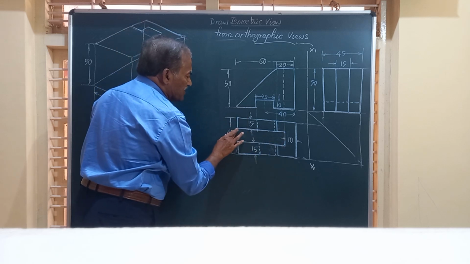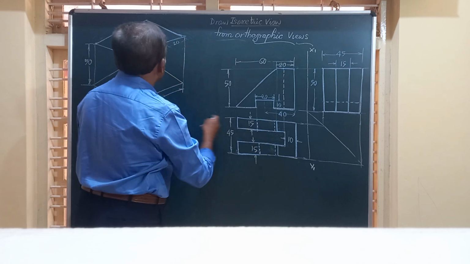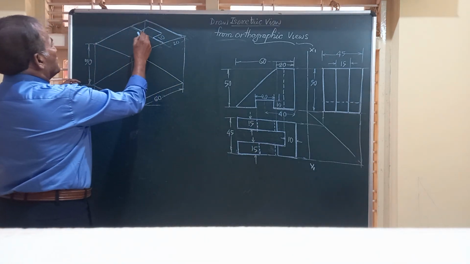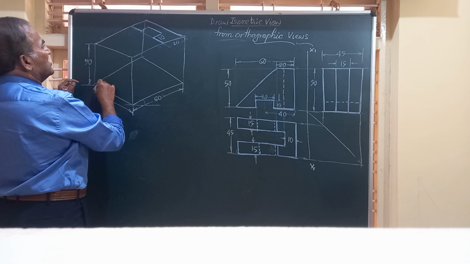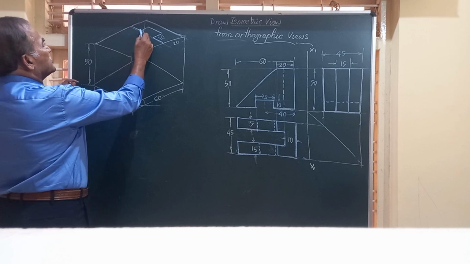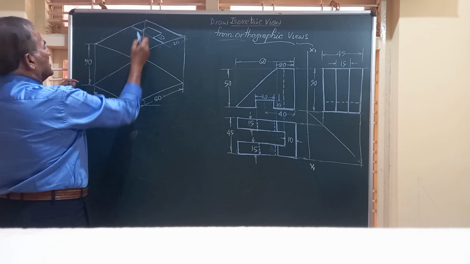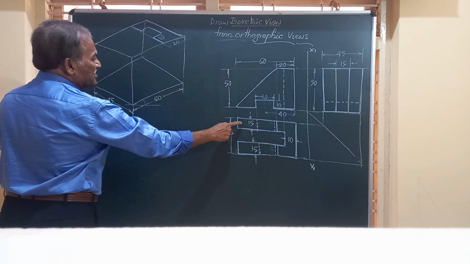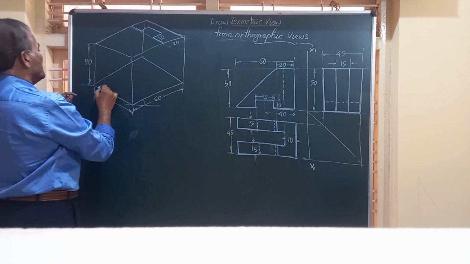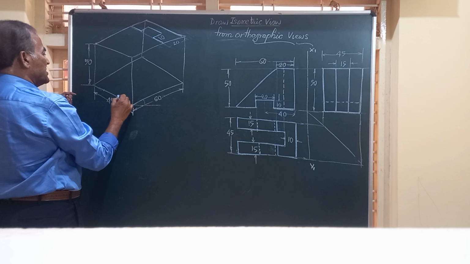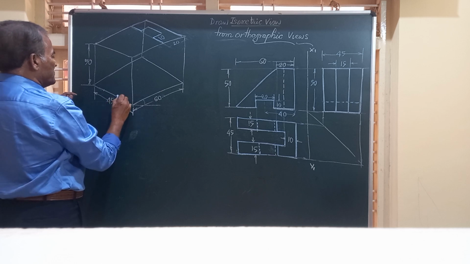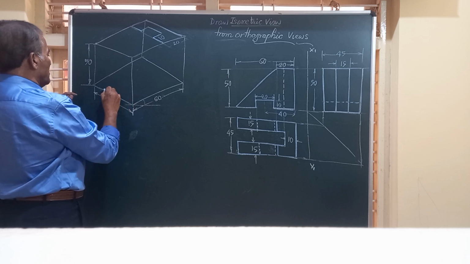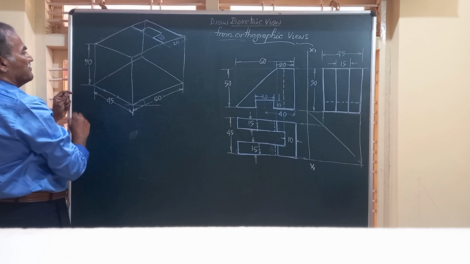This is open in the center and there are three sloping surfaces from this till here. Whatever the distance you have got here, this is totally 45 split into 3. So 15, 15, 15. I will just mark at the bottom of this box distances of 15, 15 and 15.